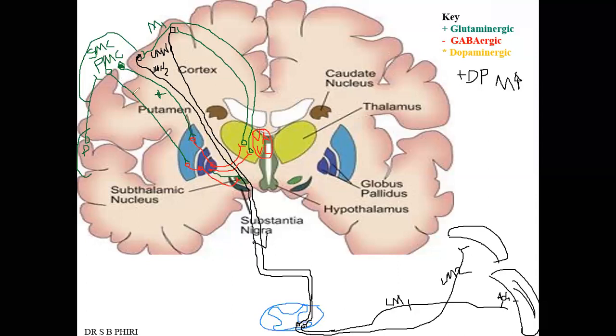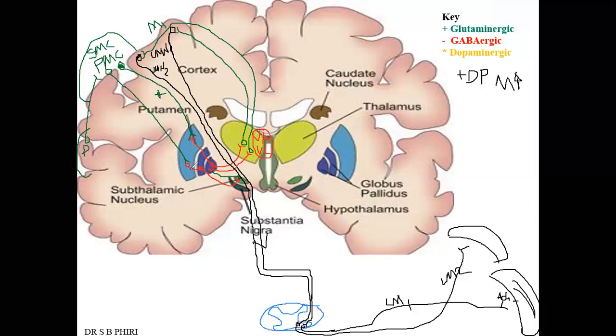So the indirect pathway, we said we have this stimulatory neuron that is projecting from the supplementary motor cortex and the premotor cortex down to the corpus striatum. In the corpus striatum it is going to synapse with an inhibitory neuron.